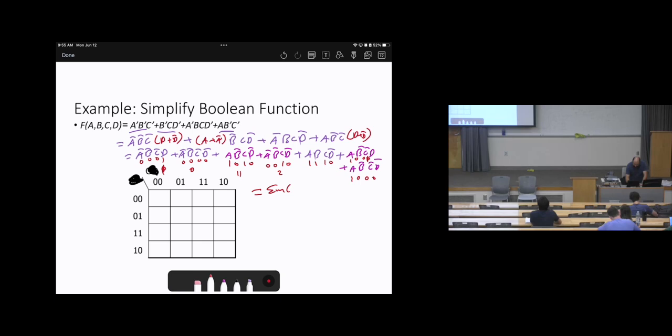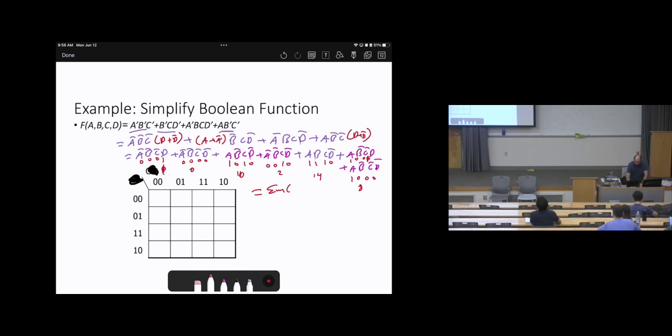Oh, 14, yes, equivalent to 14. 1 0 0 0, this is equivalent to 10. No, not 10. Let's see: 2 power 0, 2 power 1, 2 power 2, 2 power 3 is equivalent to 8. While this one, I think 10, yes.